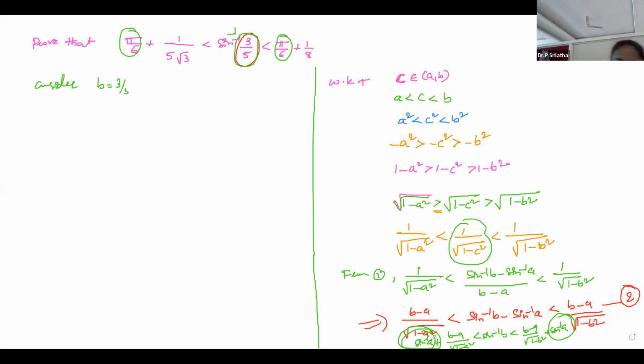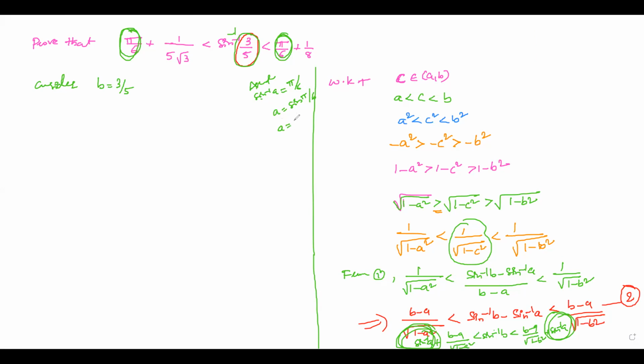Now assume that sin inverse a equal to 5/6. So sin inverse a equal to 5/6, a equal to sin 5/6. What is sin 5/6? Sin 30.